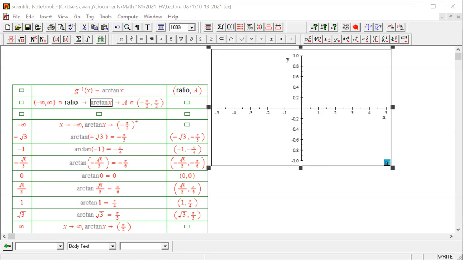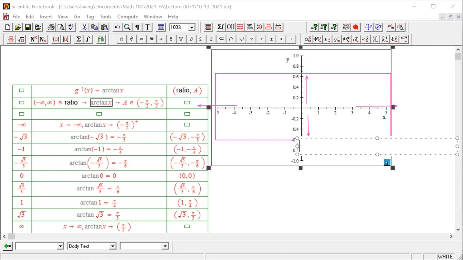You should see a box. In this box, in this direction goes to negative infinity, in that direction goes to positive infinity. Vertically, the highest is pi over 2, but never touches pi over 2. The lowest is negative pi over 2, but never touches negative pi over 2. You guys follow me?